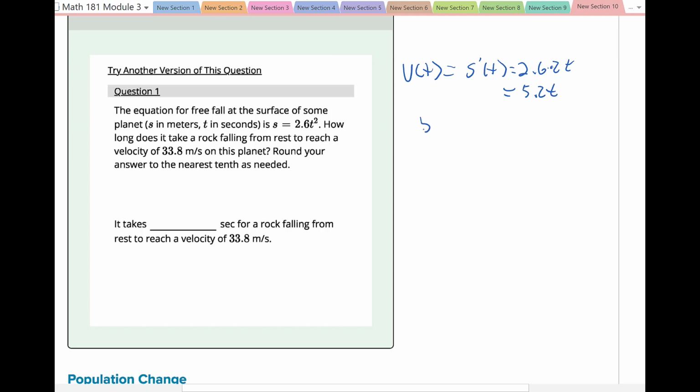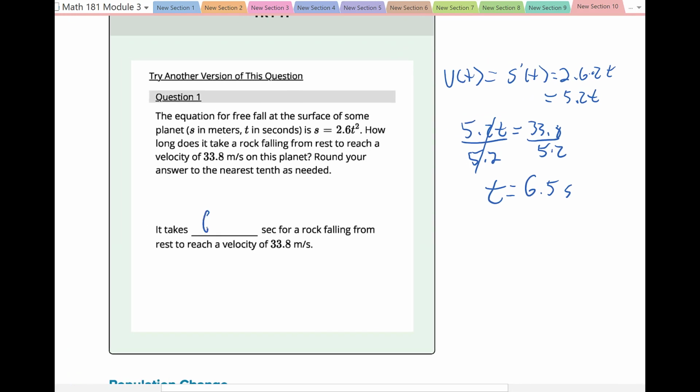So we just take that 5.2t and set it equal to 33.8, divided by 5.2. Time would equal 6.5 seconds. Okay, let's keep on going.